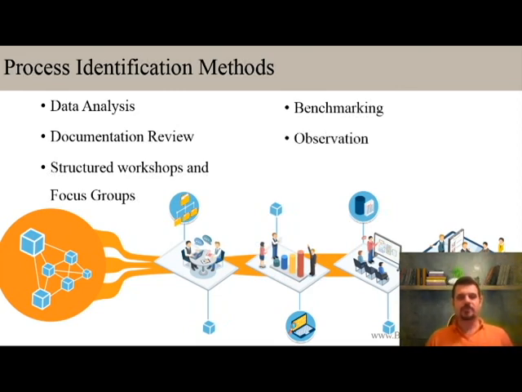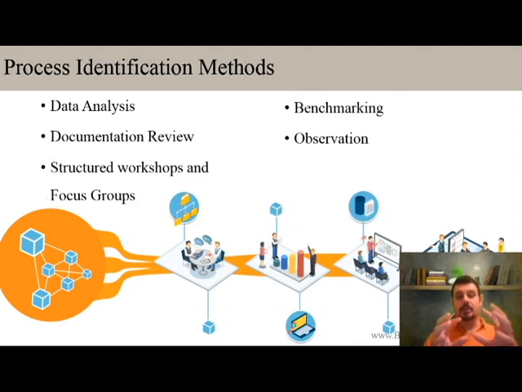When we talk about observation, it is the old methodology, and it can be helpful for us if we don't have access to any other methods. Observation means observing the different roles in your organization and business unit, and recording what they do, their tasks and their duties.